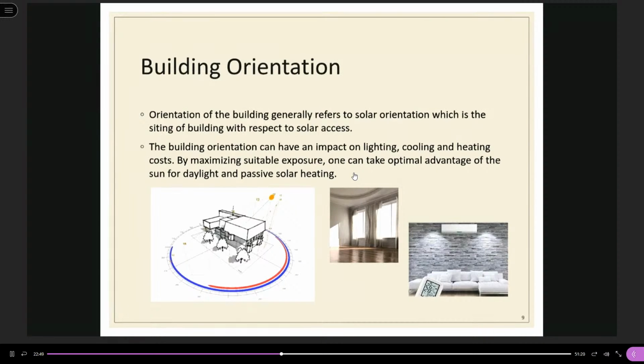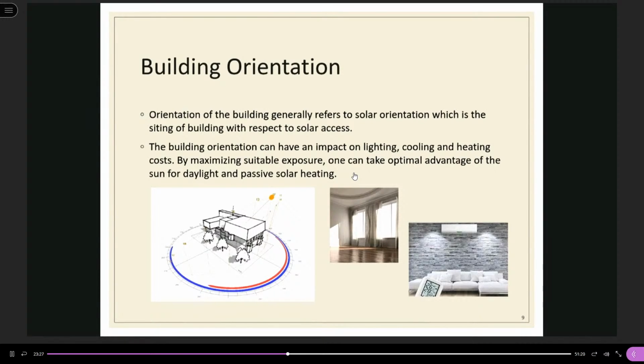So building orientation is how you orient the building, whether it will be facing the southeast or another direction, and this will have an impact on the daylight availability or the solar heat gain due to the sunlight. So the building orientation can have an impact on the lighting, cooling, and heating costs.